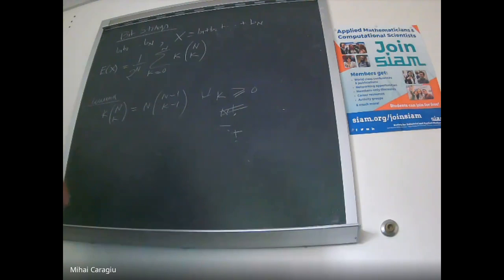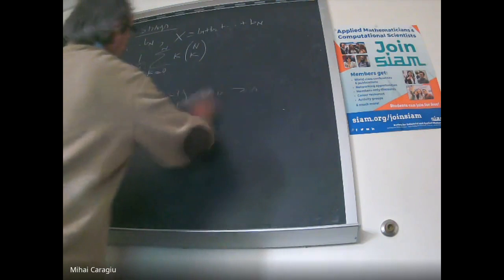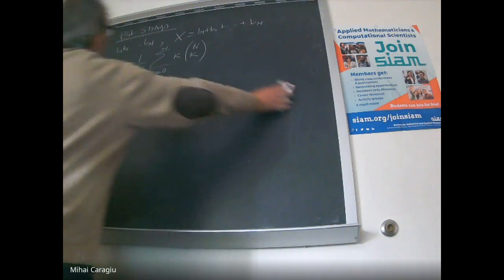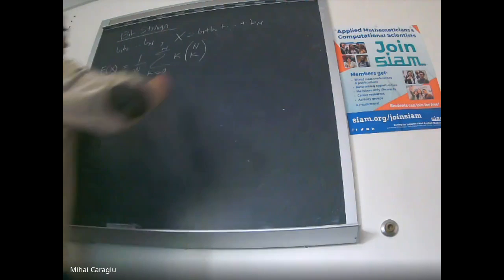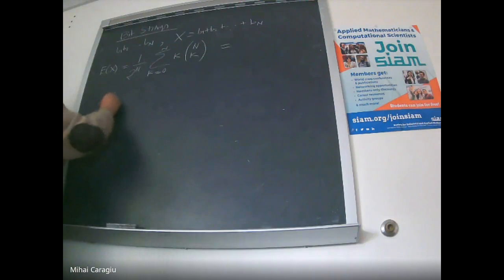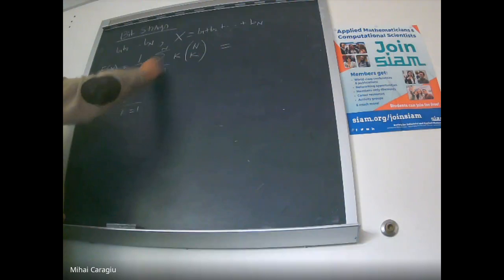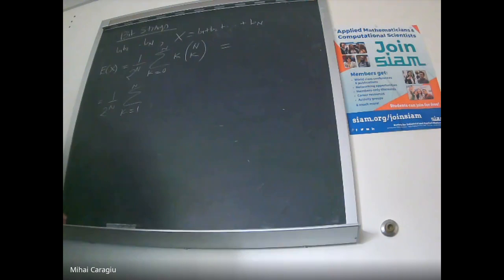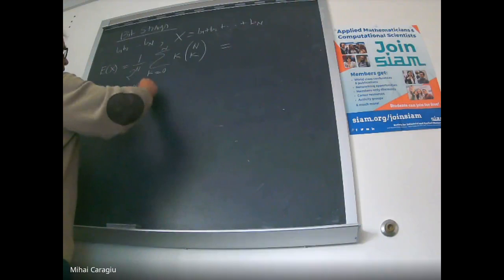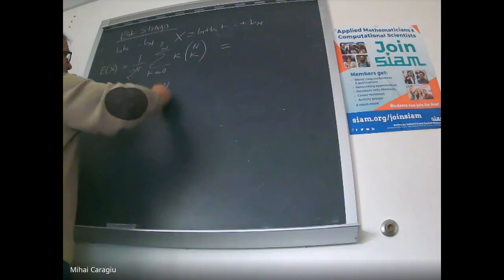Okay, so using this identity, let's come back to our sum. The expected value of X is 1 over 2 to the power n, summation from, we can put as well k equals 1 up to n, because the term k equals 0 does not contribute to the summation, of k times n choose k.